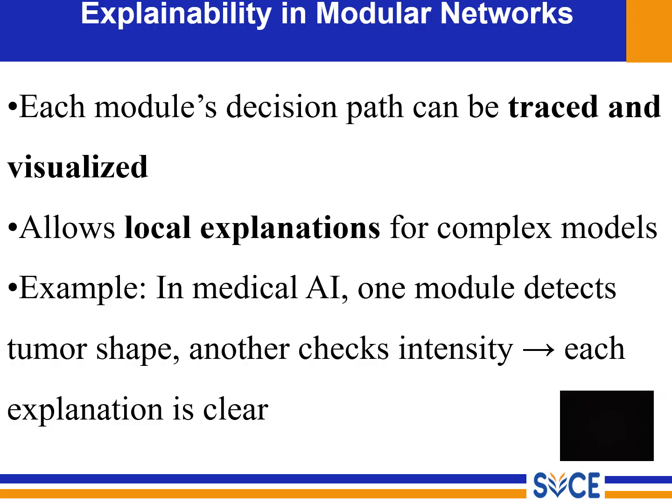It's not magic, it's logic. And that's exactly what we want: AI that is not just powerful but understandable. That is the example of explainability in modular networks. Let's go to the next slide.